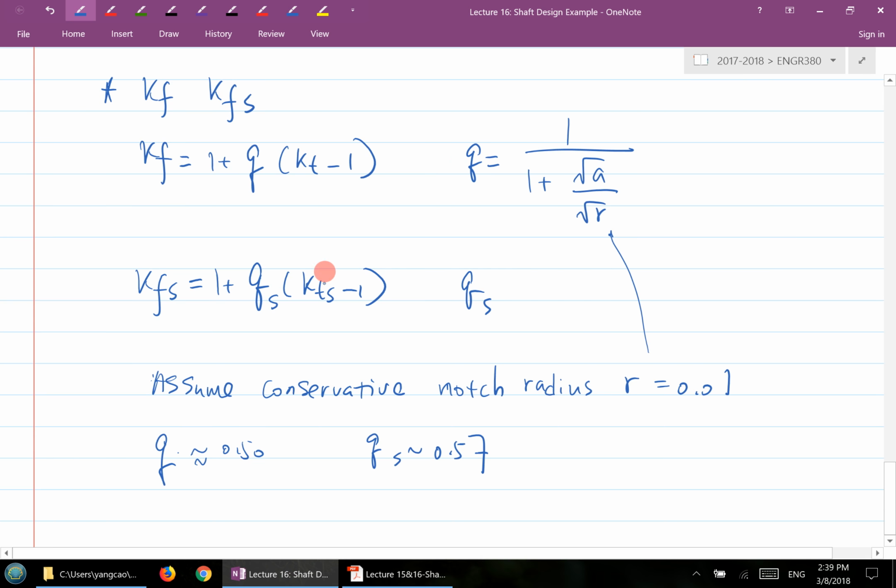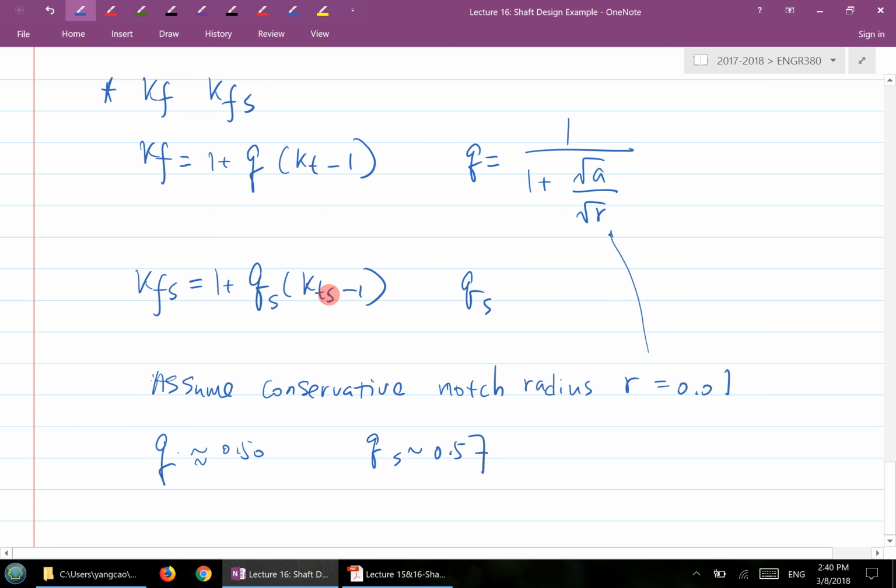Good. So coming back to the fatigue stress concentration factor formula, I got a q and a qs. What about the Kt and the Kts? If you recall, the way to find Kt and Kts is based on a set of figures in Appendix A-5, with a whole bunch of curves. The value on the curve depends on the ratio, for example, capital D divided by small d on either side of the step shoulder, or the ratio between the notch radius r and d.